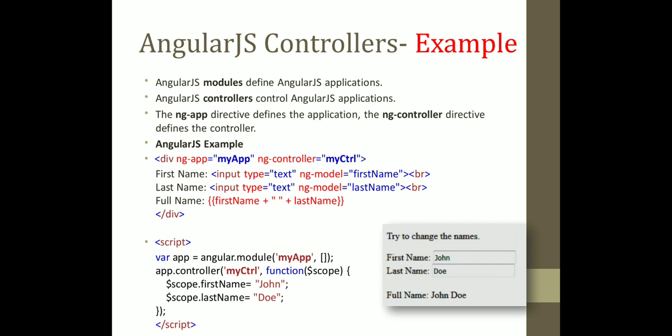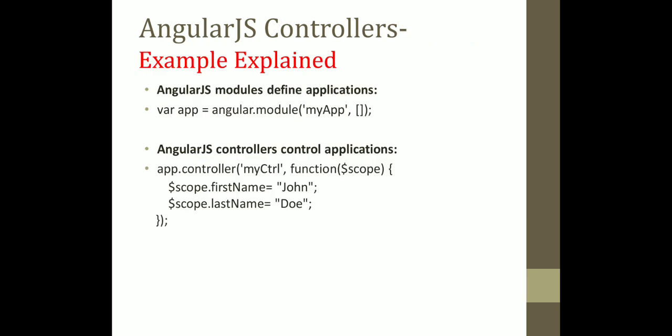Next, I have written here that AngularJS modules define the application. The application is defined using var app equals angular.module my app and an empty block. Then the AngularJS controller controls the application. Here we have created a module, and the module name we have given is app.